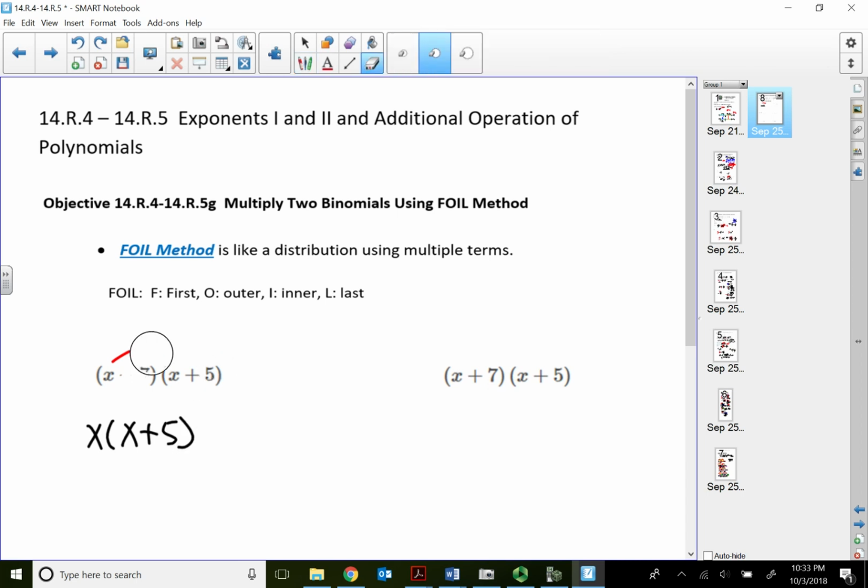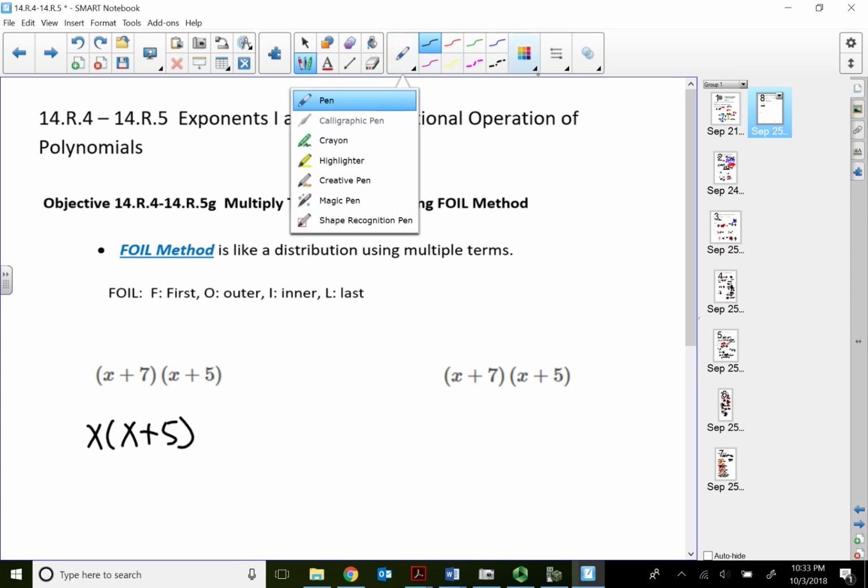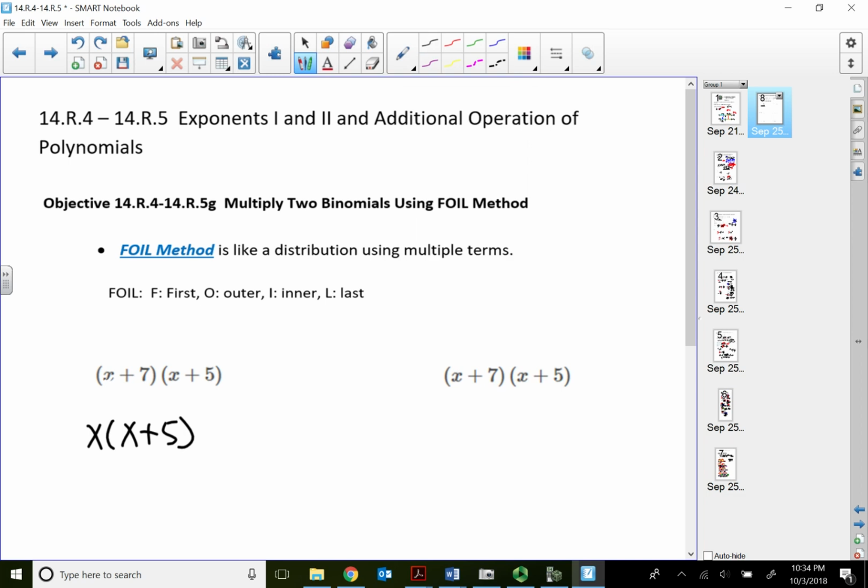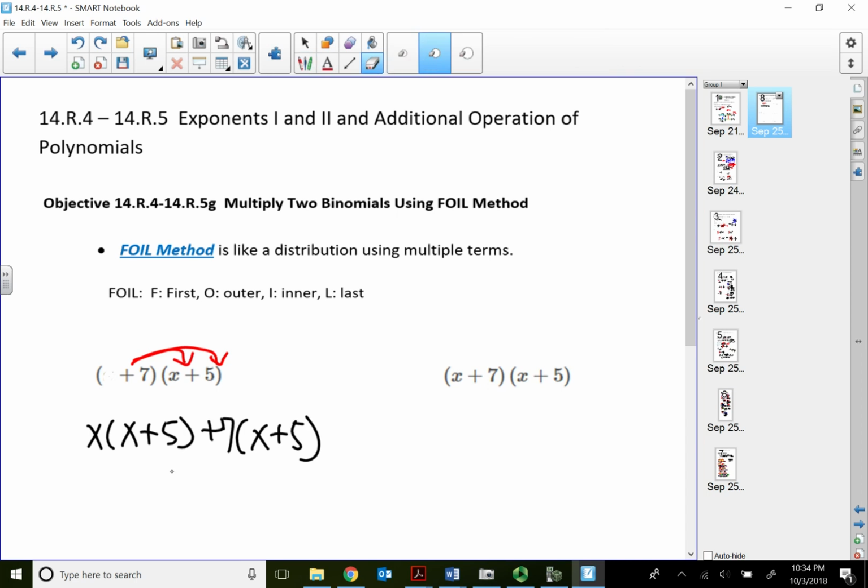Now let's take a look at what happens if the x is not there. If the problem looked like this, then I'm going to use my positive 7 to do a distribution. When I use my positive 7 to multiply the same x plus 5, and since I already wrote the same thing up front using the x, that means I'm actually doing distribution multiple times.